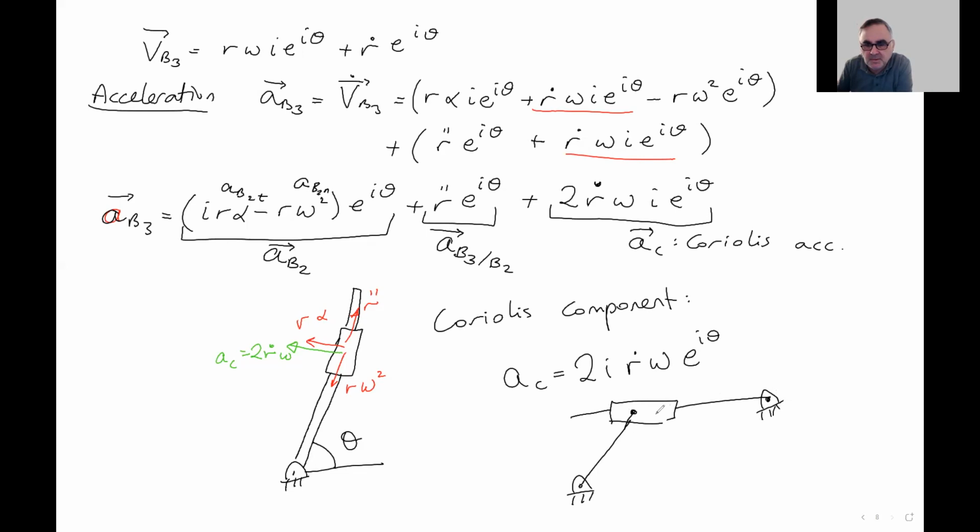Here you have a frame that is sliding with respect to a rotating frame of reference. In those mechanisms, in the acceleration analysis, we encounter the Coriolis term.